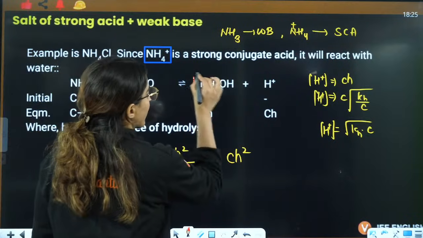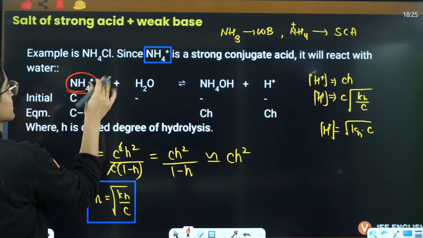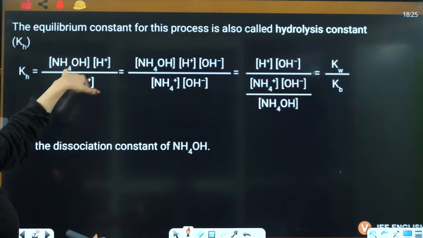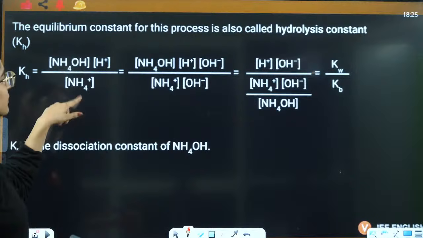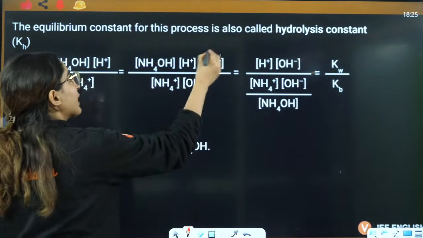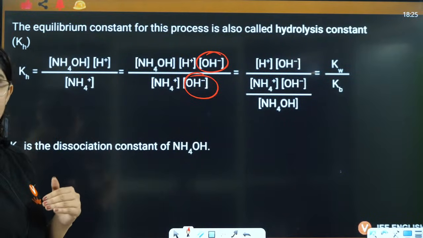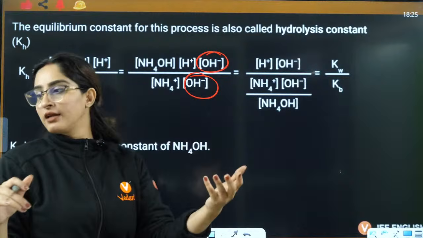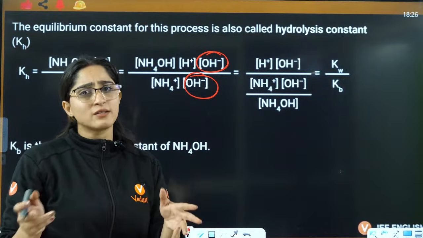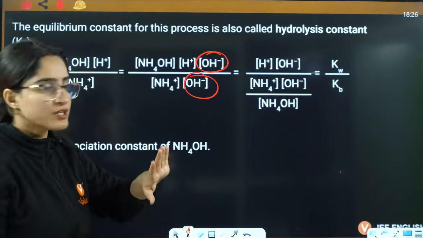Kh is NH4OH multiplied by H positive divided by NH4 positive, so that is products by reactants. Now you will multiply and divide it by OH negative. This is extra that you are just multiplying and dividing. If you multiply something with 3 and divide it with 3, it is one and the same thing, right? So you multiply and divide it with OH negative.